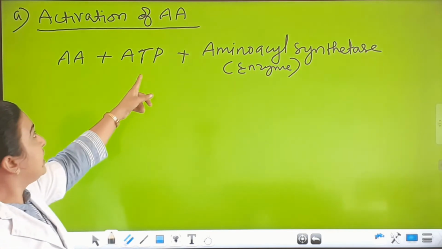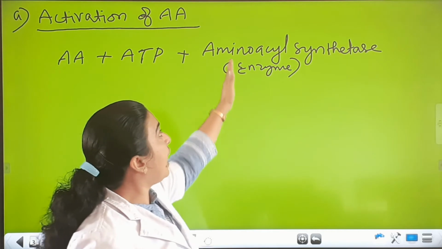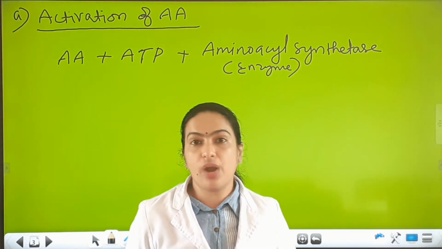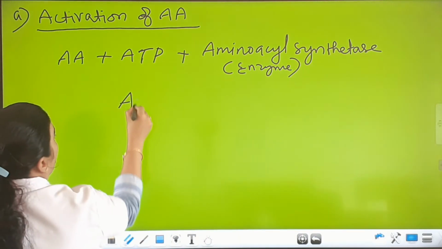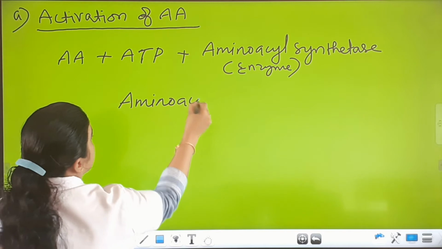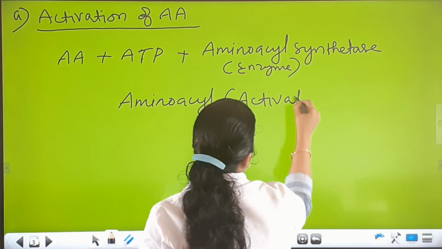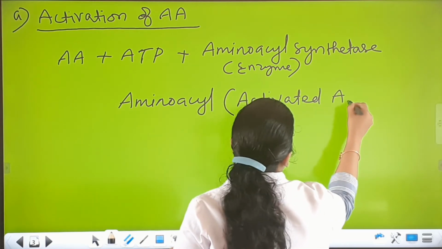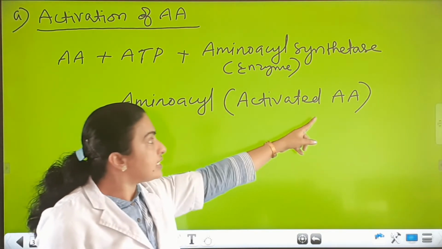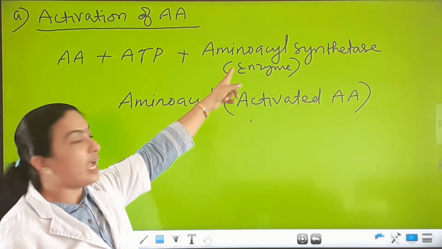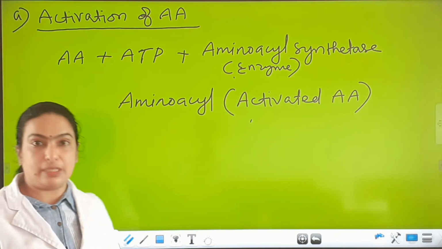So in the presence of ATP, the amino acids can be activated with the help of the enzyme aminoacyl synthetase. Then it forms aminoacyl. The activated amino acid is called aminoacyl. The activated amino acid is also known as aminoacyl. So the amino acids get activated with the help of the enzyme aminoacyl synthetase in the presence of ATP.